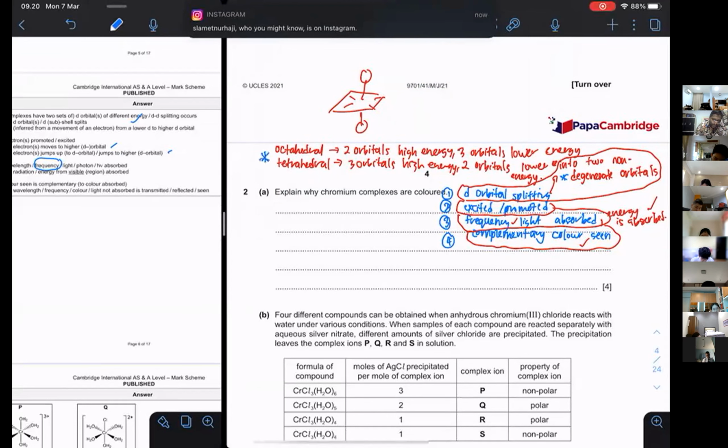If you know it's octahedral or tetrahedral and so on, you include that. How to remember? For octahedral, this is the shape: up and down there are 2, so I just remember 2 orbitals are higher energy. So I know tetrahedral is going to be the other way around. So that is done.